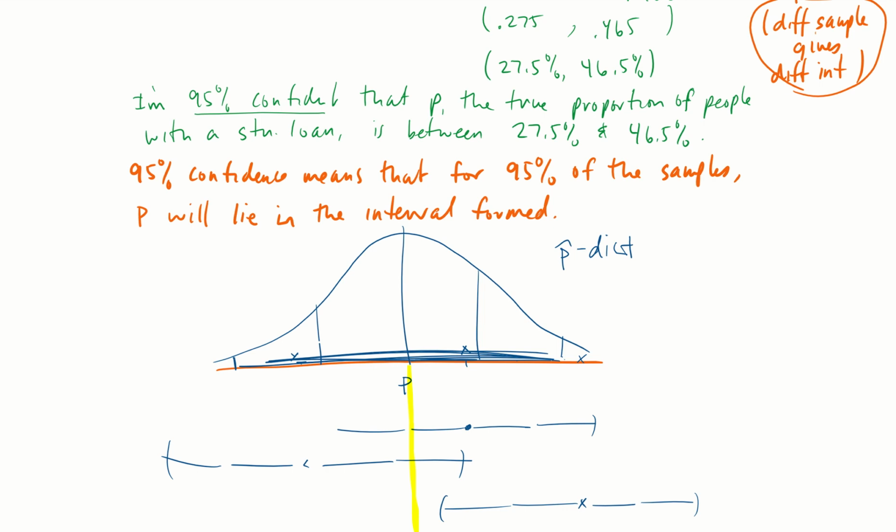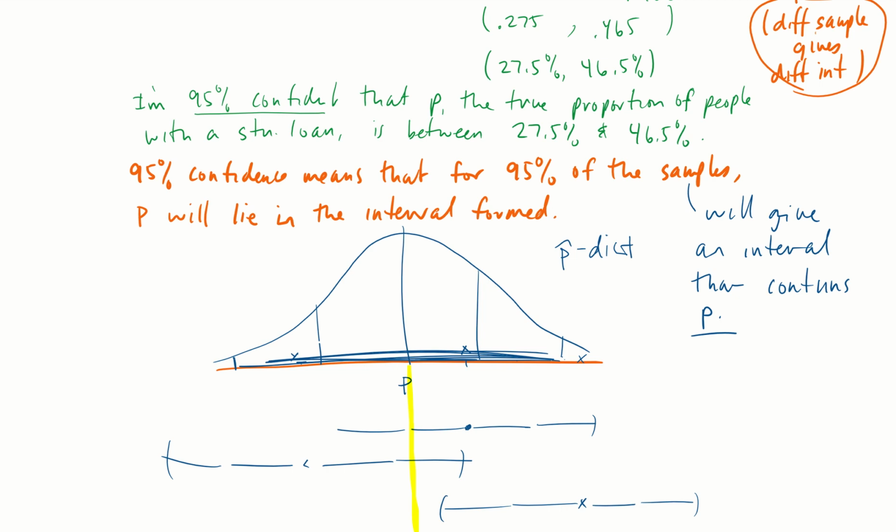So 95% of my samples, another way to say this, 95% of samples will give an interval that contains P.